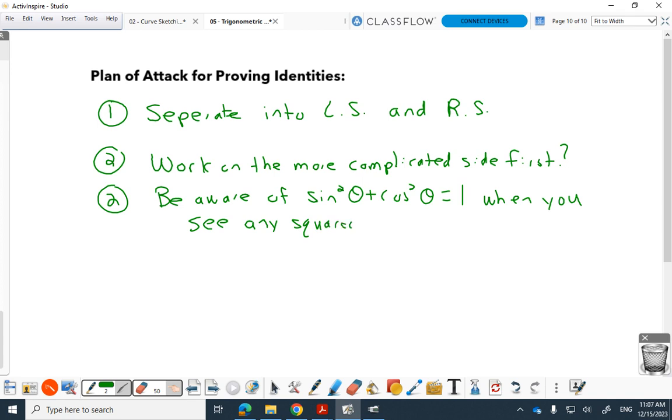Anytime you see squared terms, reach back and take sine squared theta plus cos squared theta equals 1 and put it in your front holster. And you're like, maybe? Sine squared theta, cos squared theta, 1? Yeah?